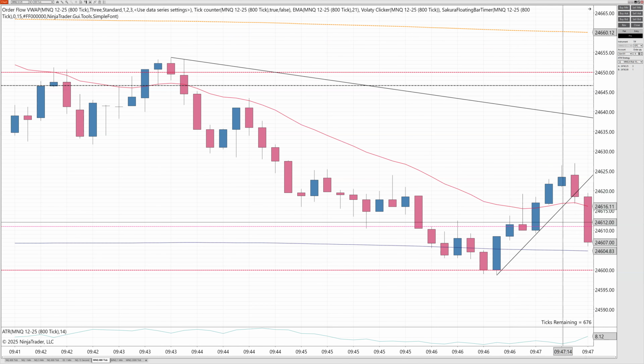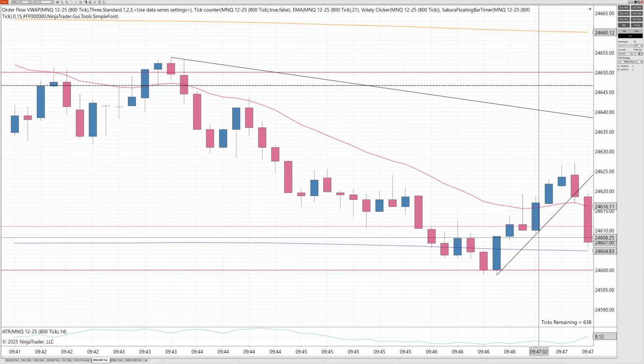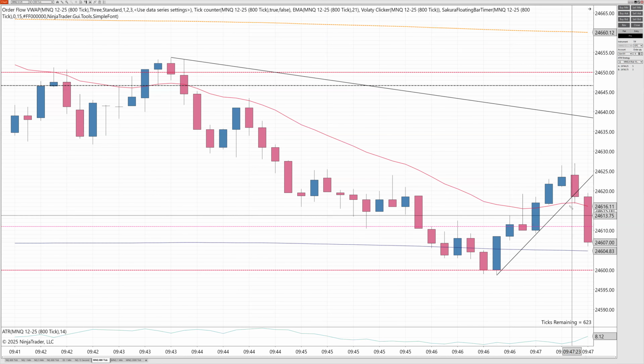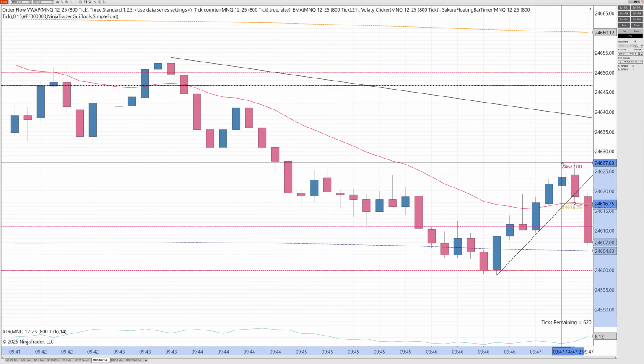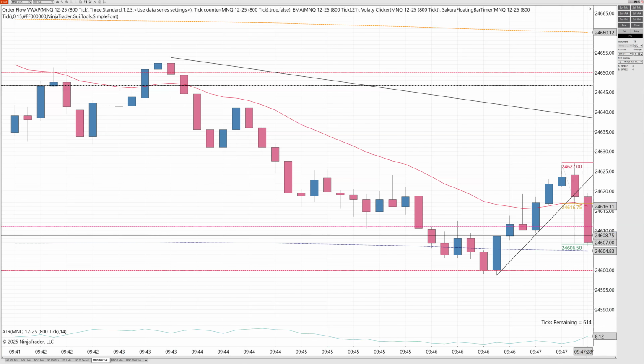And now we have a break of this upward trend line. I personally wouldn't have taken this trade because we were still in this one, but this would be the trigger lower. I wouldn't take it because we were still above the EMA, but this trade did end up working.